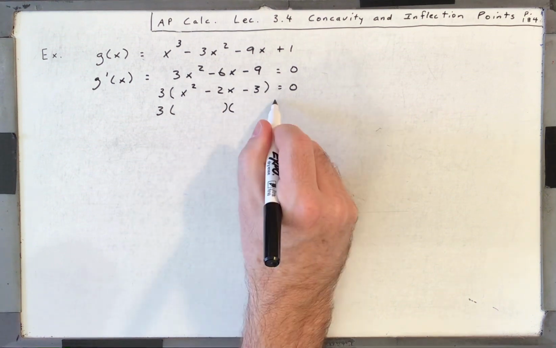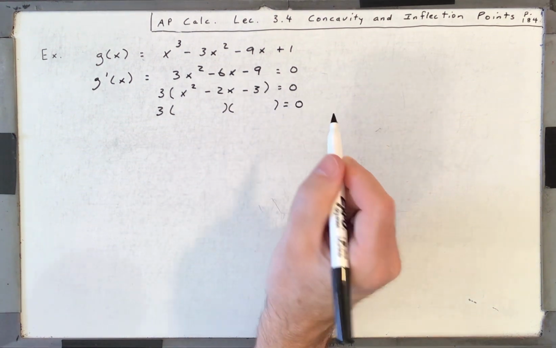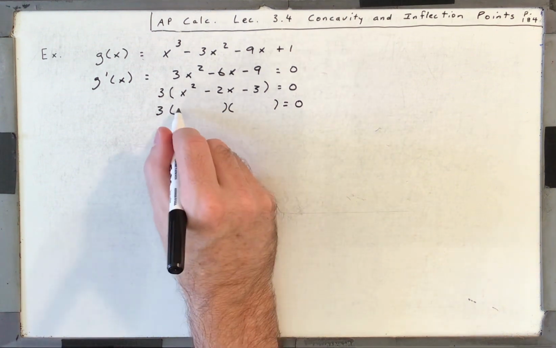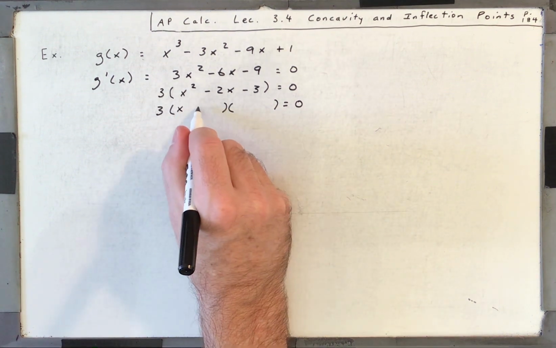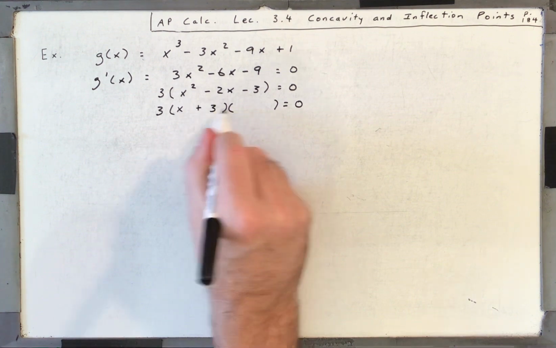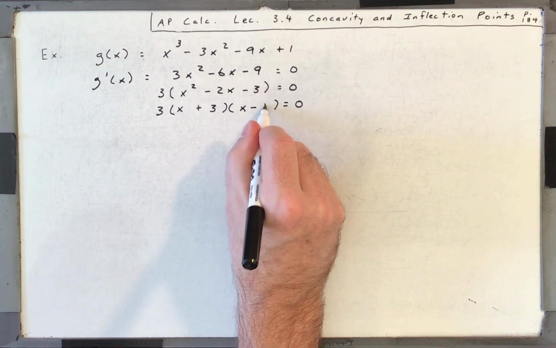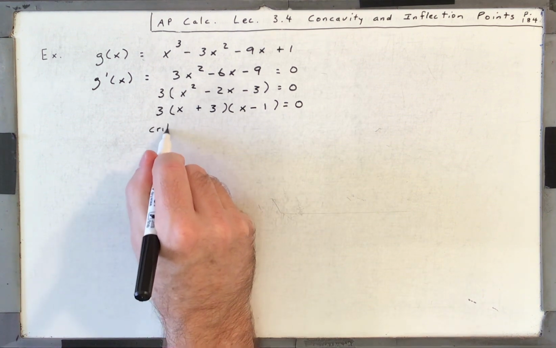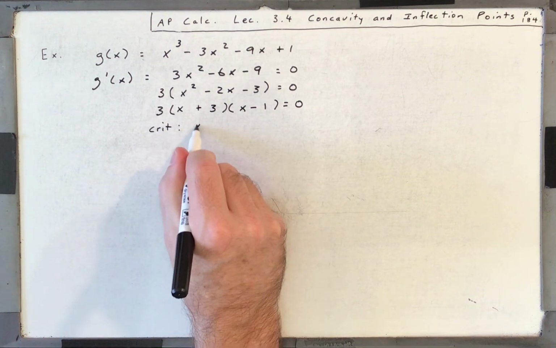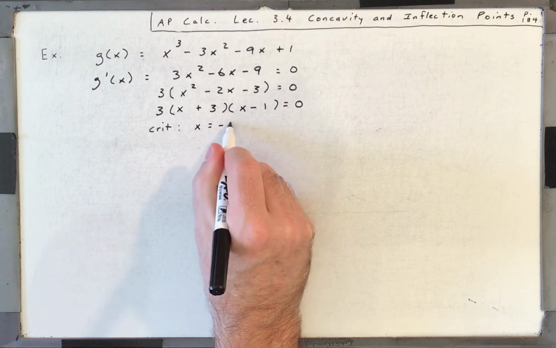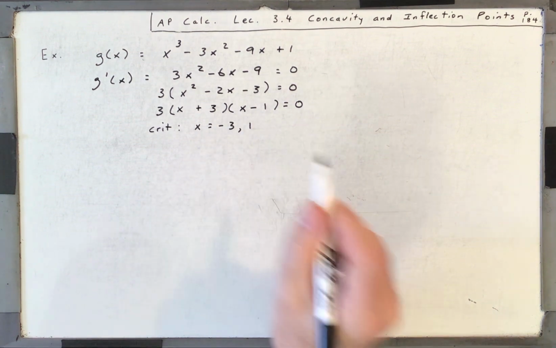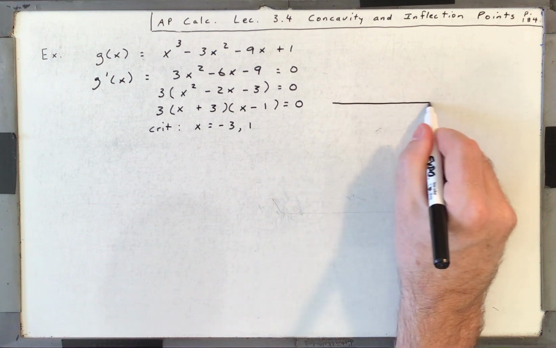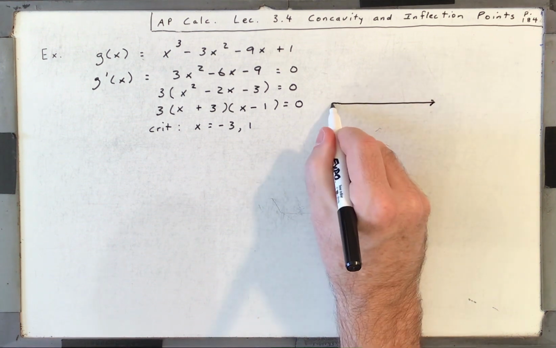And then we'll factor that trinomial so we can find where this derivative is equal to 0. So we had, I believe, x plus 3 and x minus 1. So our critical points occurred at x equal -3 and 1. Now I like to draw the sign line next to where I'm going to plug in.